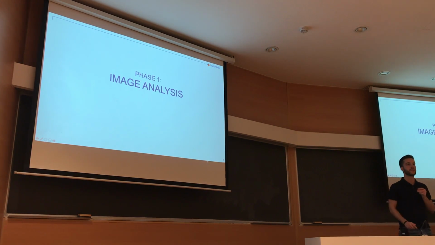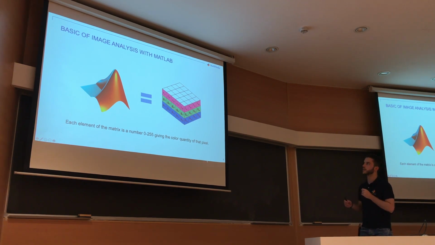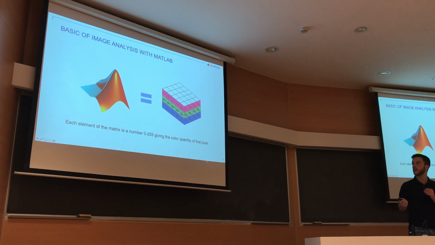I think that most of you already know something about image analysis in MATLAB. It is very easy in this case. You have to know that when you import an image in MATLAB, it is imported like a 3D matrix. Each element of the matrix is a pixel of the image, and it contains a number between 0 and 255.